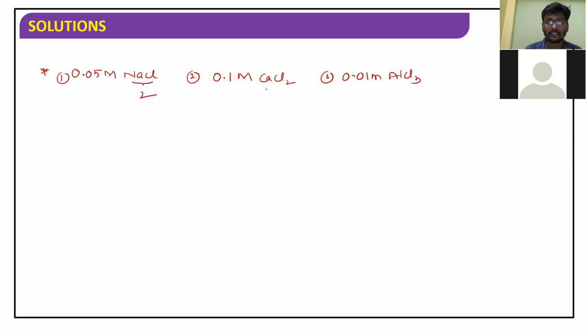NaCl gives 2 particles, CaCl2 gives 3 particles, AlCl3 gives 4 particles. 4 into 0.01 is 0.04. This is 0.3. 2 into 0.05 is 0.1. Now which one has more particles? CaCl2 shows the most colligative properties. After CaCl2, NaCl. After NaCl, AlCl3. This is the colligative properties order.